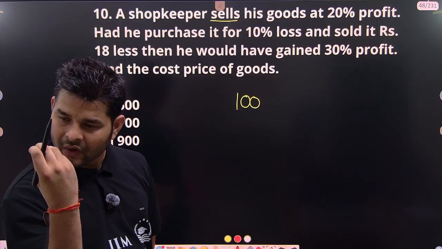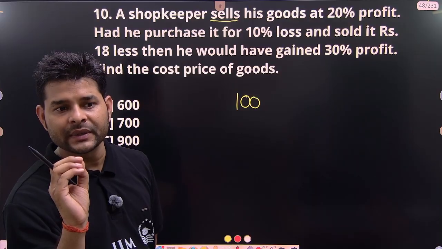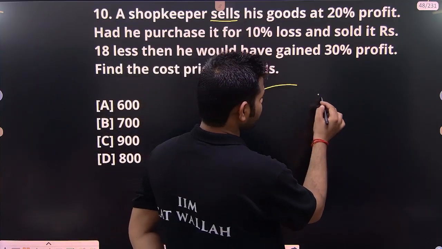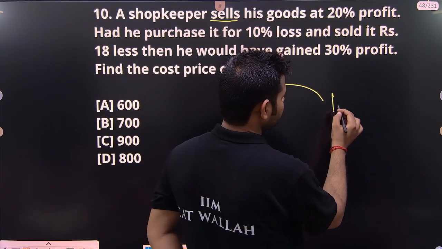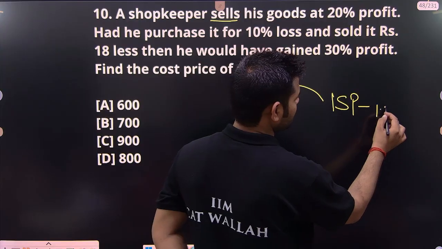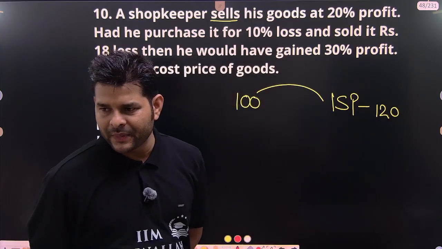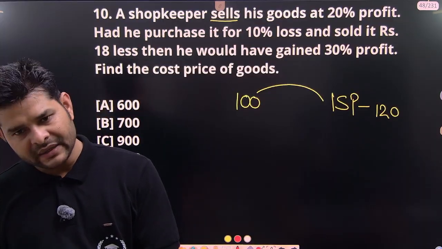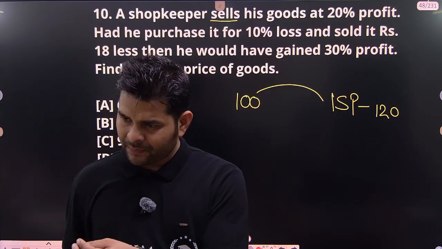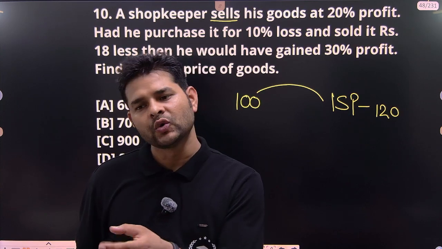That means he already sold his item at 20% profit. This is the initial SP, and the initial SP is 120 units. So the first step is the cost price is 100 units and the person gets 20% profit and sold his item at 120 units.